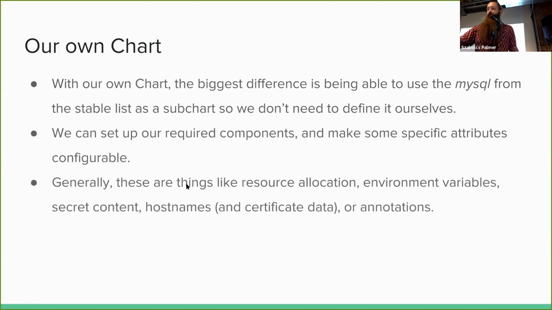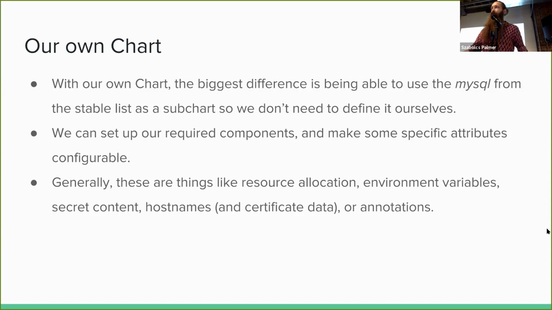So a few things that we want to keep in mind when we are defining our chart is to keep some very common parts quite flexible. So resource allocation and volumes and environment variables, the sorts of things that people might want to tweak when they run it themselves.